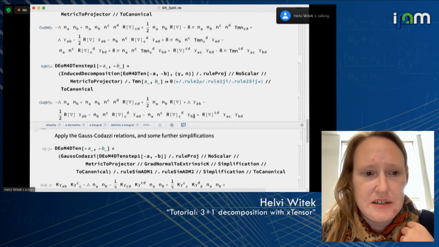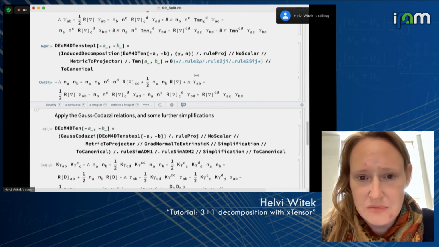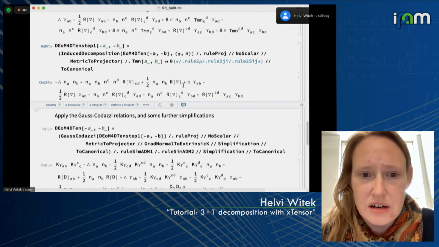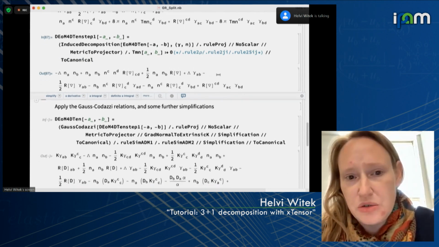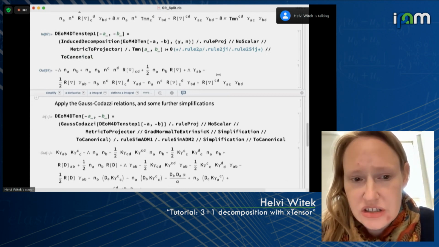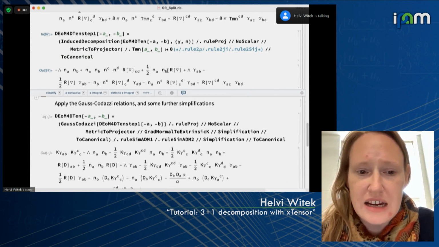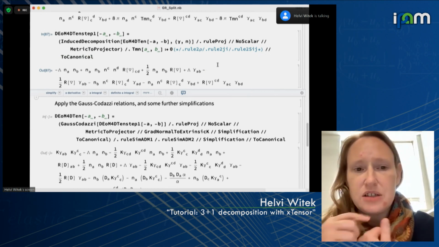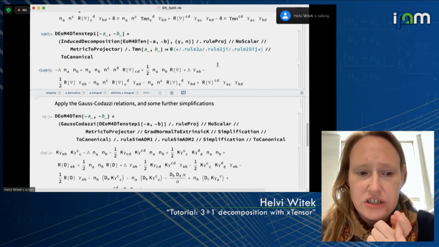Okay. So the next step, you see that now what we have here in these expressions are our normal vector, our induced metric, but our Ricci tensor and Ricci scalar is still the four-dimensional one. So we now want to use the Gauss-Codazzi relations to actually express the four-dimensional Ricci tensor and scalar in terms of the three-dimensional Ricci tensor and scalar and the extrinsic curvature.